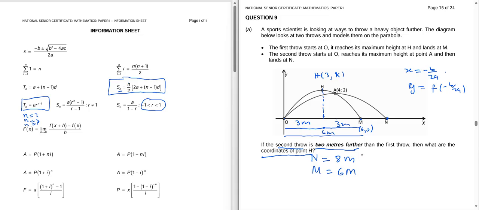So what is our goal at this point, given all the information? Our task is to solve for k.